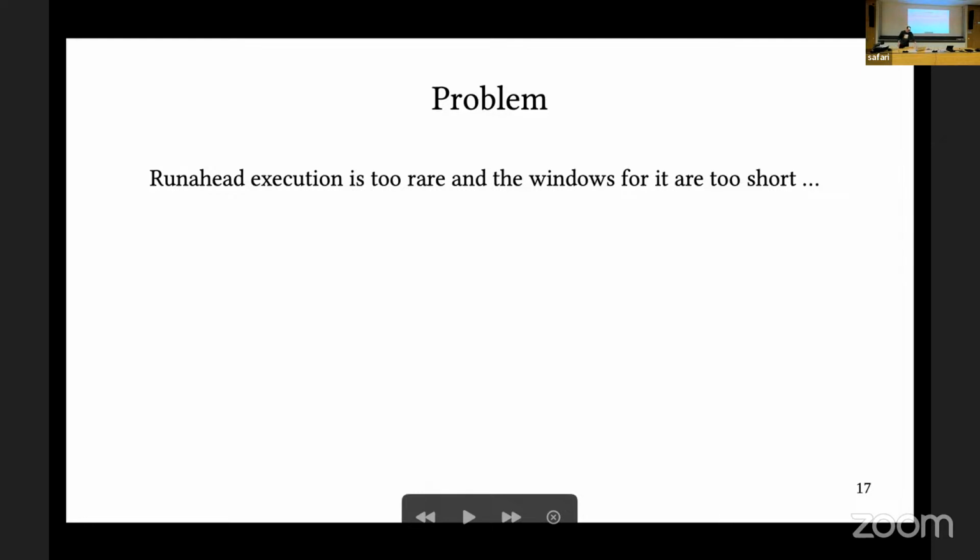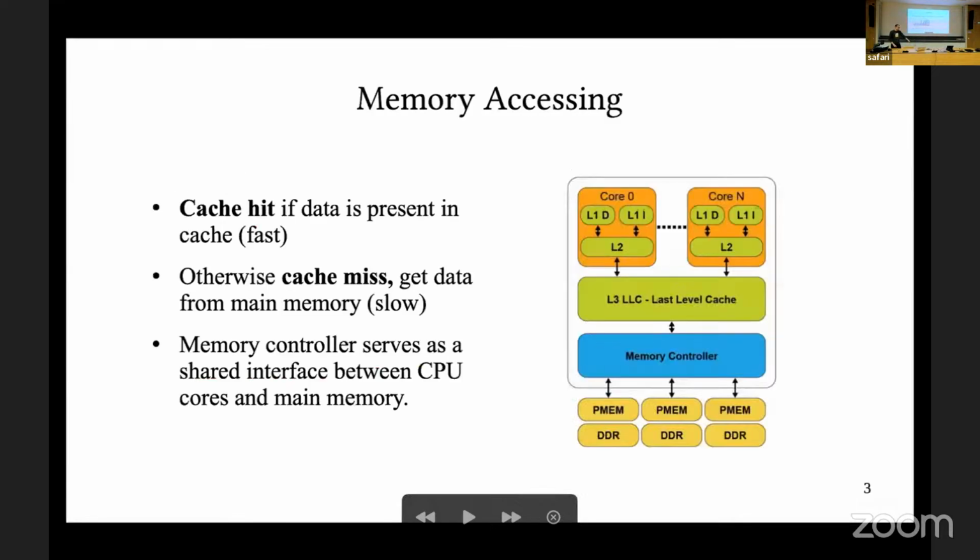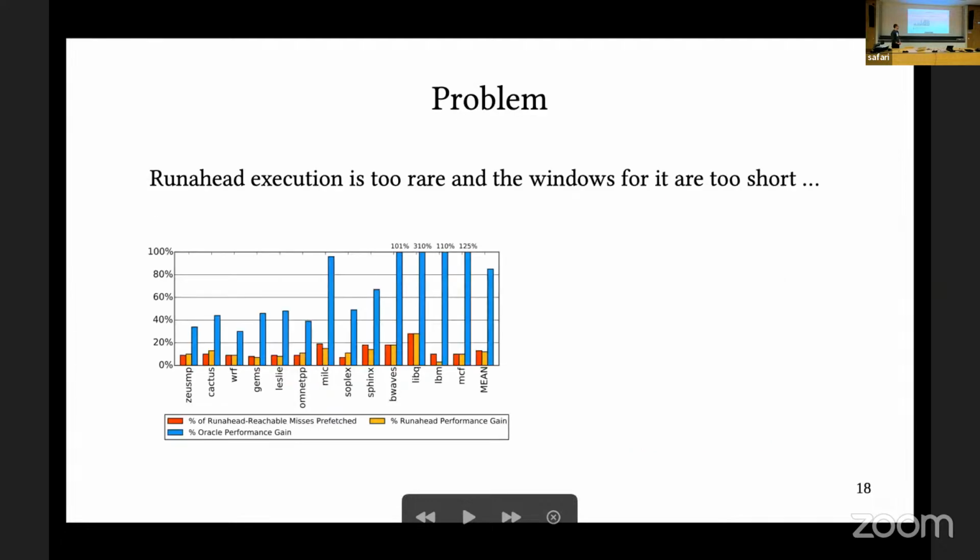But this is actually a practical problem as well, not just a conceptual one. It is also argued in the paper with a plot. Here we see the same benchmarks again. How much we actually prefetch from what we could prefetch, right? What would be possible to prefetch is the red bar, which is on average maybe 15, being generous.